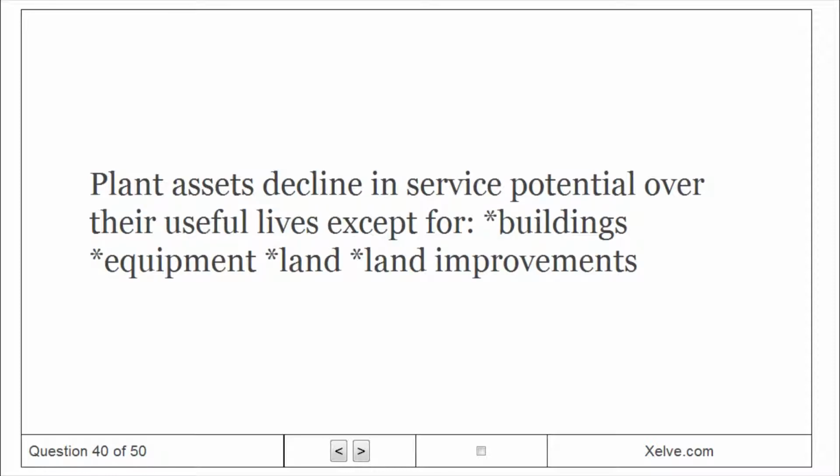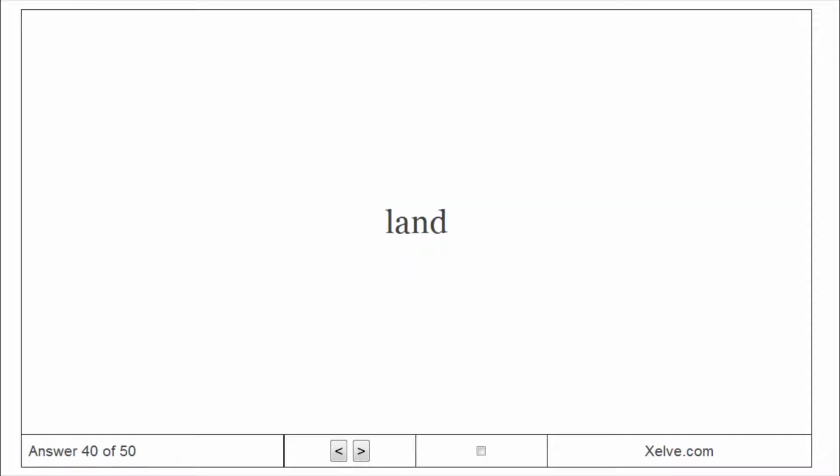True. Plant assets decline in service potential over their useful lives except for buildings, equipment, land improvements. Land.